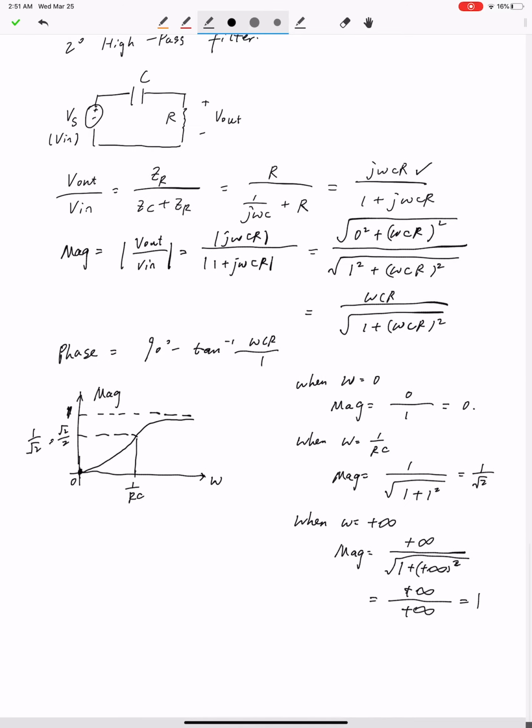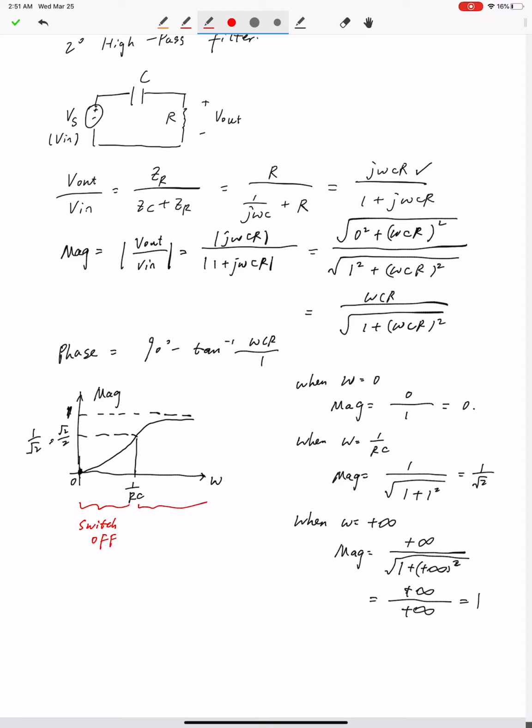Right, so why can this circuit be called a high-pass filter? Because if you look at the frequency range from 0 to 1 over RC, the magnitude is low. In other words, if you treat the filter as a switch, the switch within this frequency range is off, is open, right?